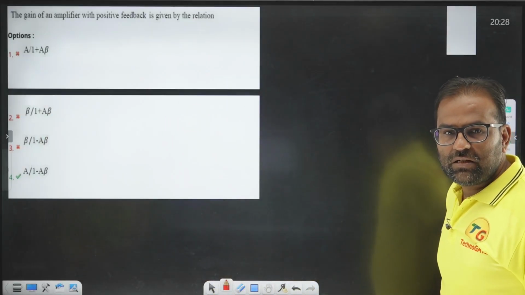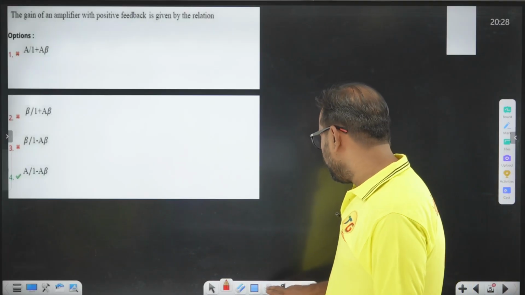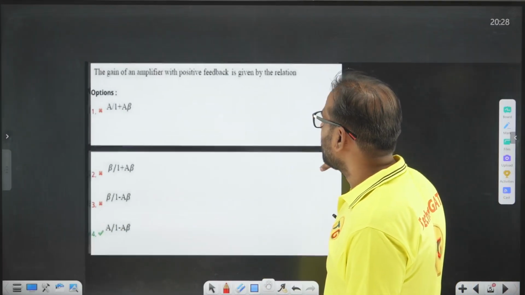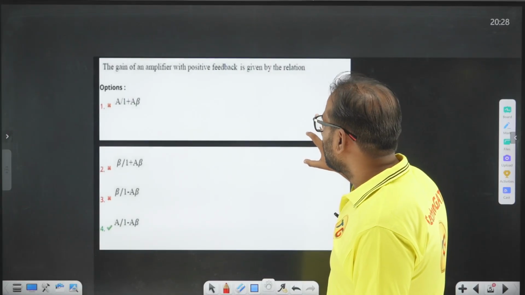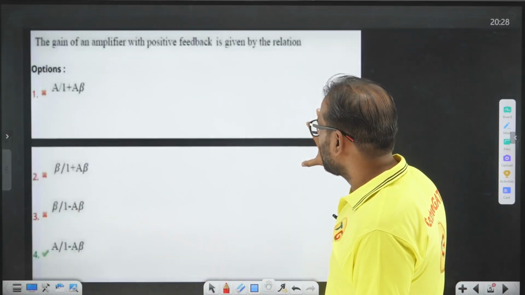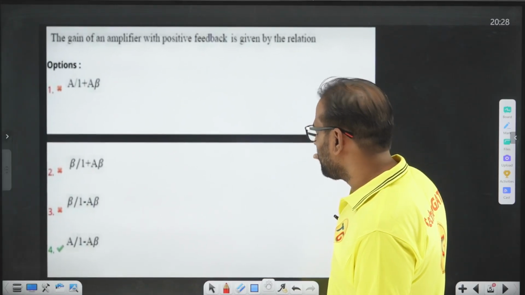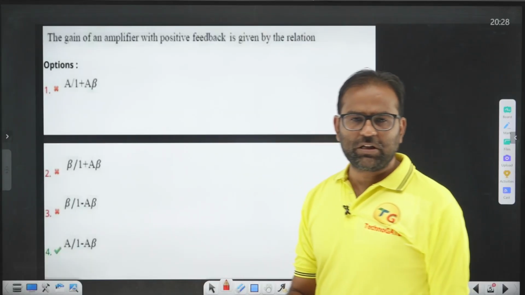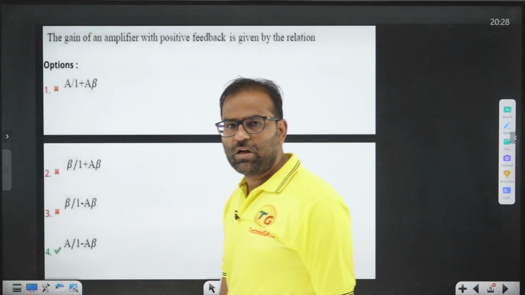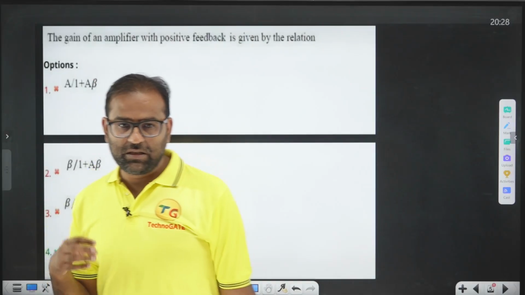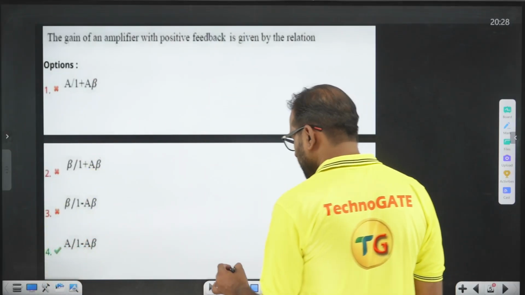Let's go to the next. What are they saying? The gain of an amplifier with positive feedback is given by which relation? Always remember, positive feedback is responsible for oscillations. These are non-linear circuits. So what is a positive feedback circuit?